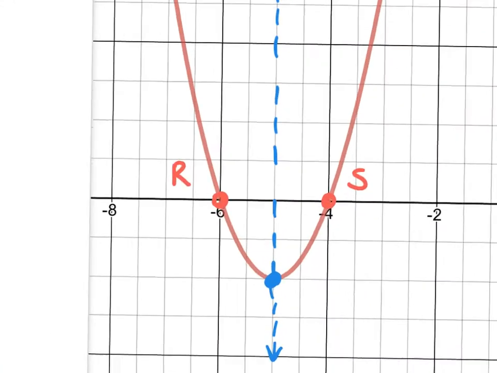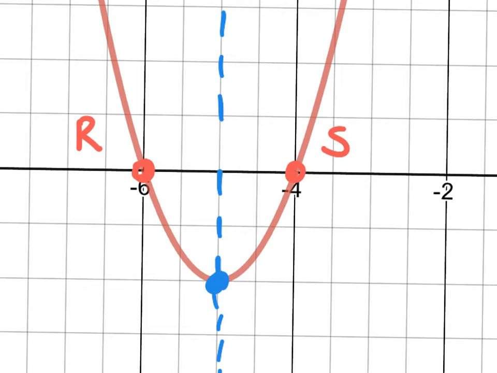A key thing to notice is that the distance from r to the axis of symmetry is the same distance as from s to the axis of symmetry. I'm going to call this value x bar, because it's the average of r and s. In our situation, we have negative 6 as one of the solutions, negative 4 as the other, and the average is negative 5, directly in the middle, the midpoint.